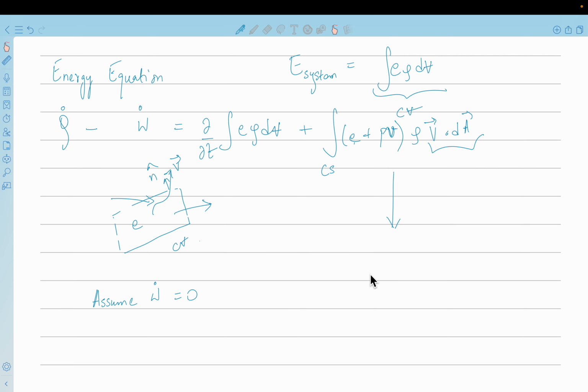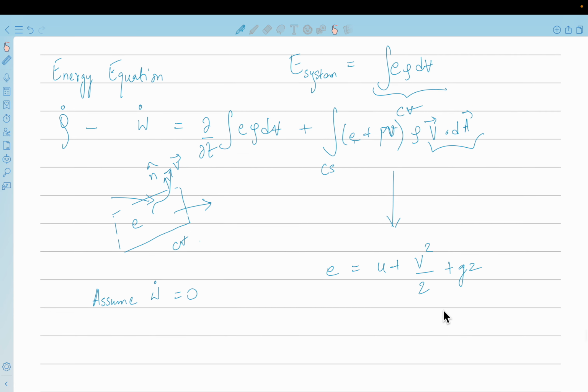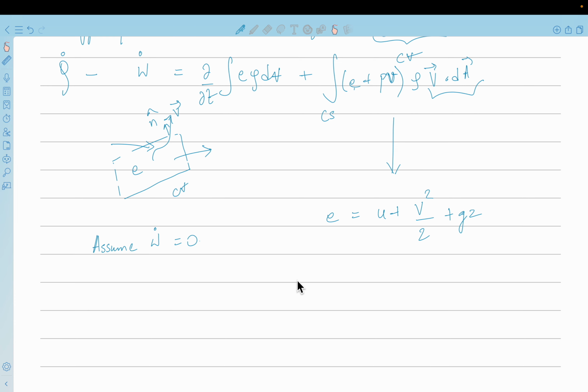So you can simplify this, which I am not deriving, and write E equal to U plus V square by 2 plus gz, and from here you can then show that the quantity U1 plus P1 V1 plus the velocity V1 square by 2, so I am writing the V's all same.